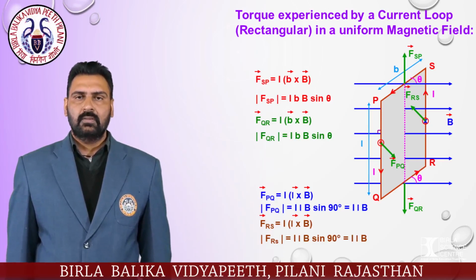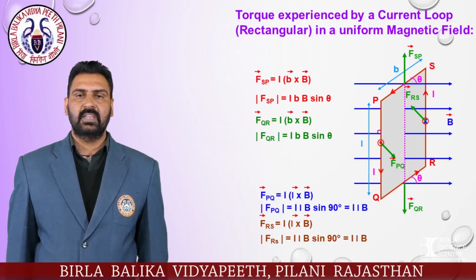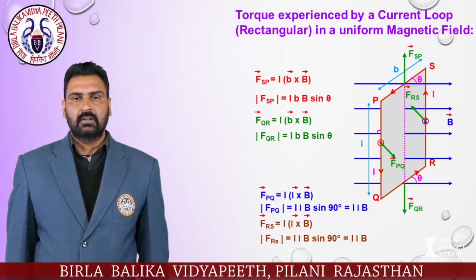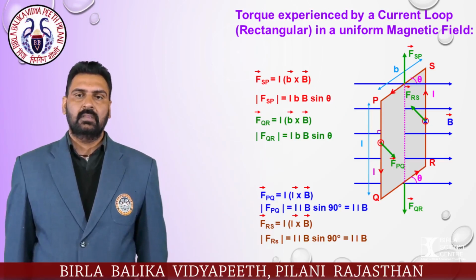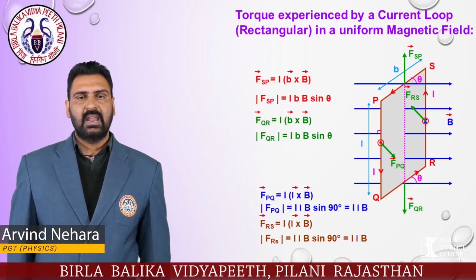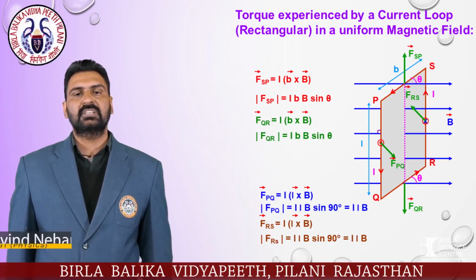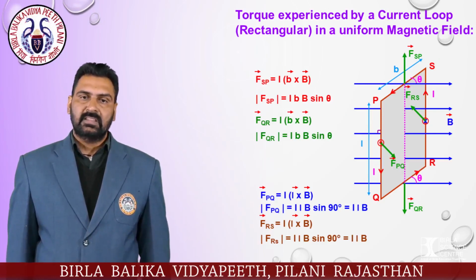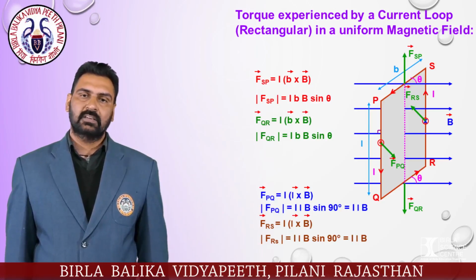In the same way, force FQR is I L cross B, or the magnitude of FQR is ILB sin theta. So the forces FSP and FQR are equal in magnitude but opposite in direction, and they cancel out each other. Moreover, they act along the same line of action and hence do not produce torque.